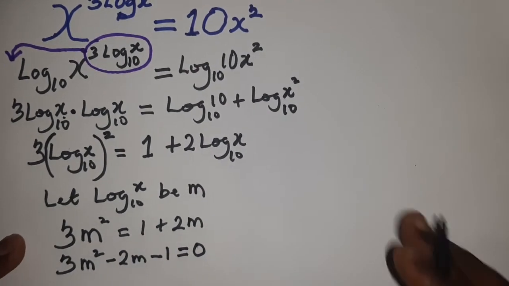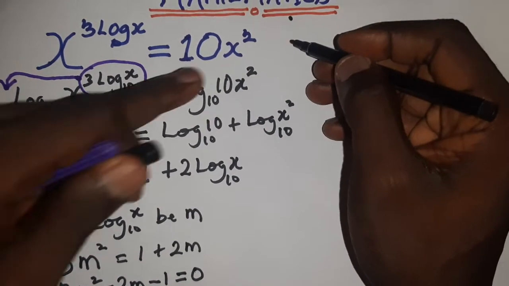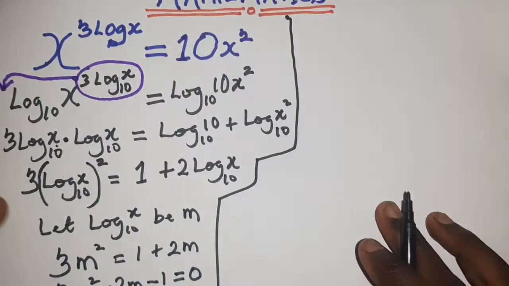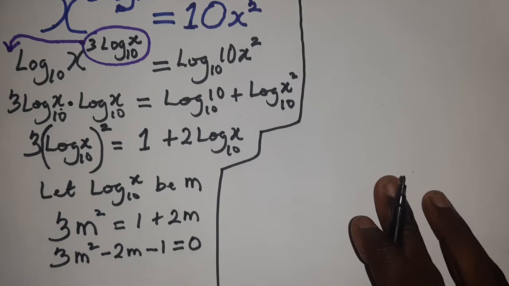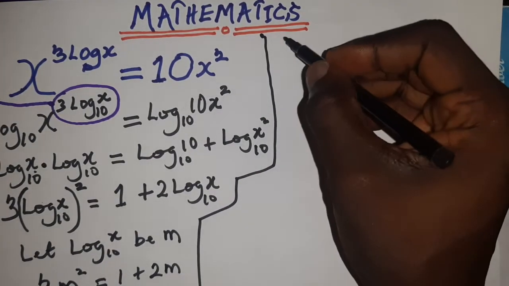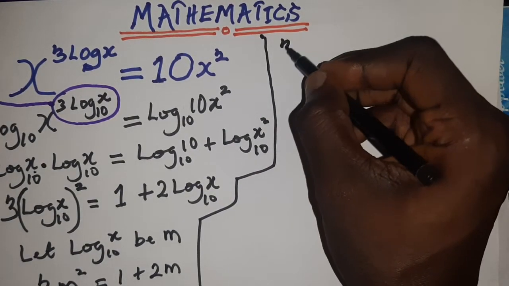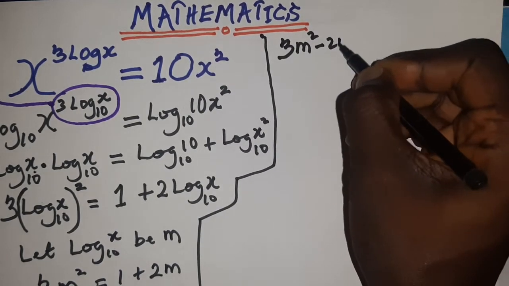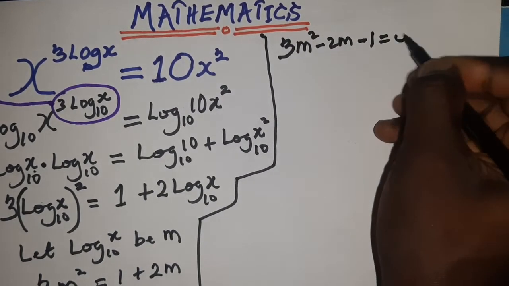Then this is our quadratic equation. Then we can solve the quadratic equation. So solving the quadratic equation, 3m squared minus 2m minus 1, we might just use the factorization method to make our work fast. We have 3m squared minus 2m minus 1 equals 0.